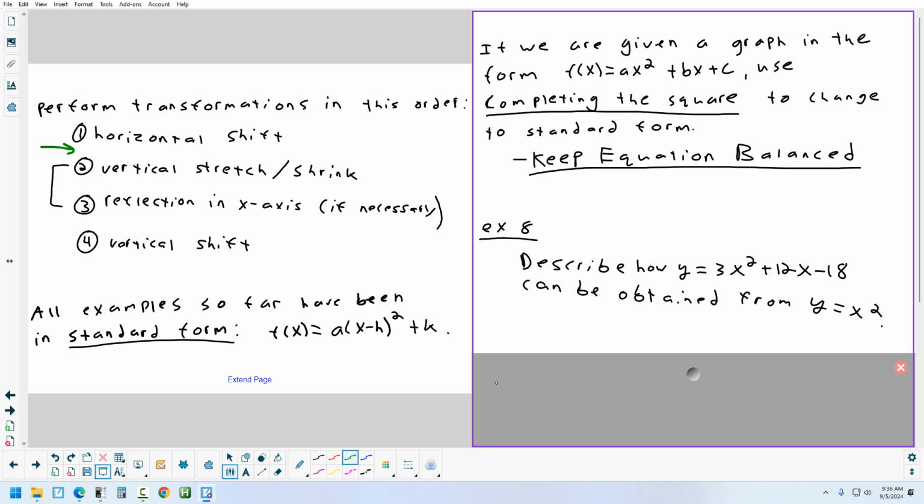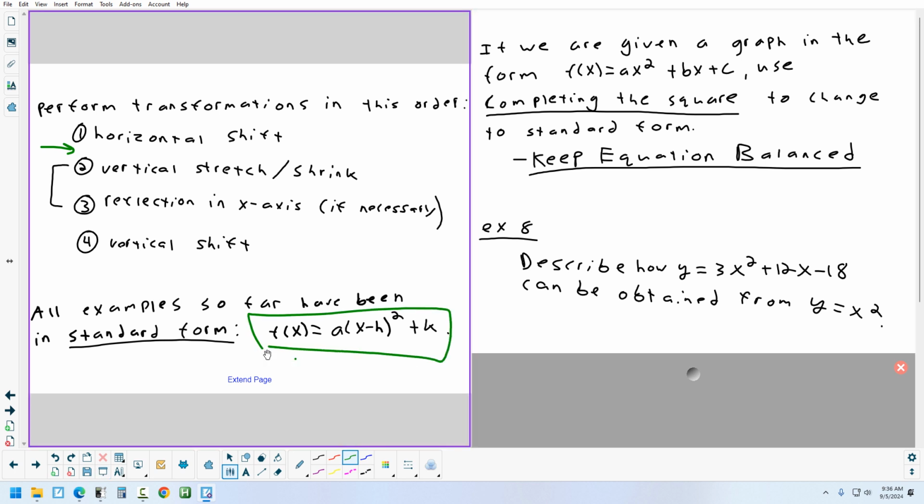So 3x squared plus 12x minus 18. That's like a quadratic that somebody's FOILed everything out. I can't tell what the transformations are. I can't tell anything. I need to get it back looking like this: a number, parentheses, something squared, and then something added on the end. Not like that.